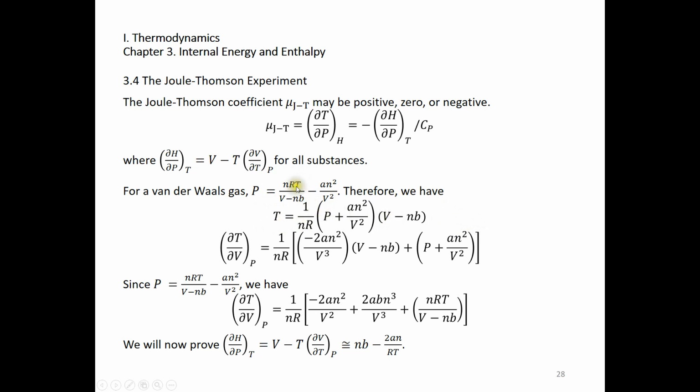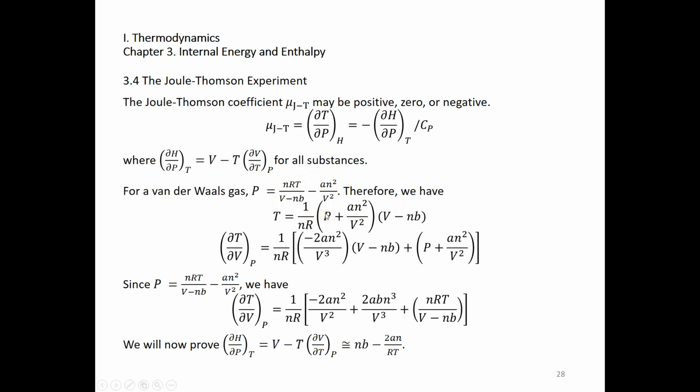Temperature only appears here, so we can add AN squared over V squared to both sides. We move this term over, and then multiply both sides by V minus MB divided by NR, and then we get this expression. This is the analytical expression of temperature of a Van der Waals gas in terms of pressure and volume. We went from this equation to this equation.